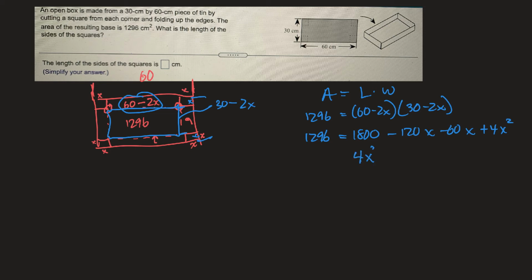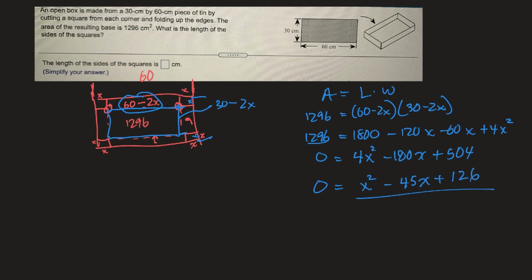So it'll be 4x squared minus 180x, and if I subtract this on both sides, I think I get positive 504. Now I think all those numbers are divisible by 4, so it'll be x squared minus 45x plus 126, I think.